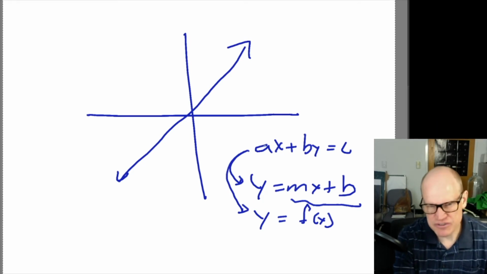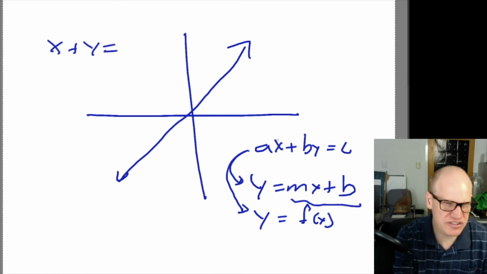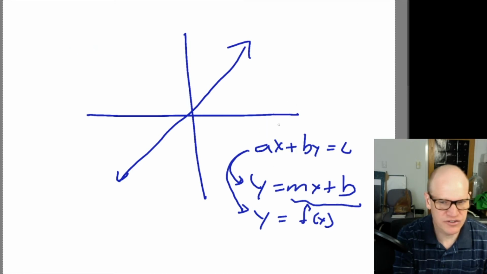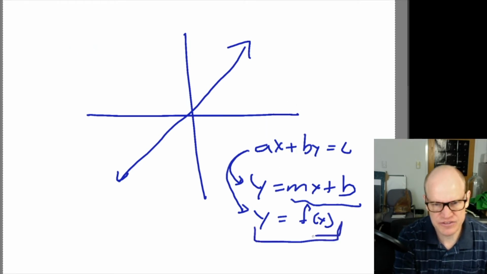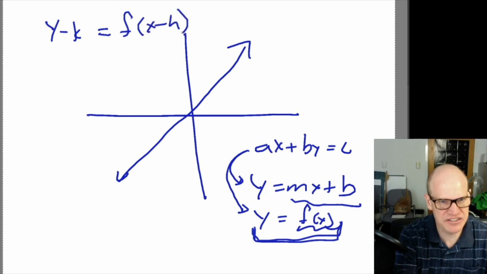Another way to represent the line would be to start with x plus y equals something. How do they do this one? It's the point slope form. The point slope form is that you start with this form here, and then you shift it. You shift it up by some amount, y minus k, and you shift the function over by some amount, equals f of x minus h.